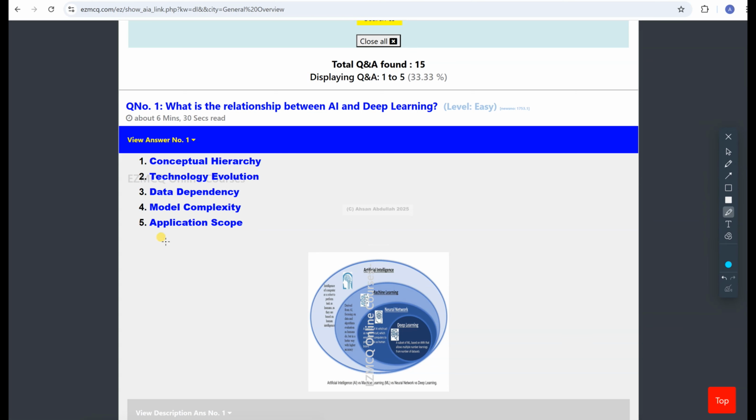And finally is the application scope. AI is currently used in broad areas, which includes reasoning, robotics, and planning. And deep learning excels in tasks like image recognition, natural language processing, and autonomous driving also.